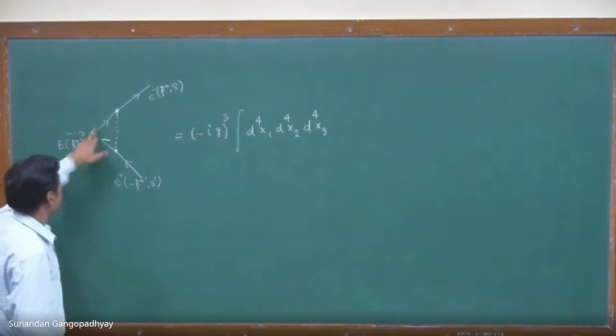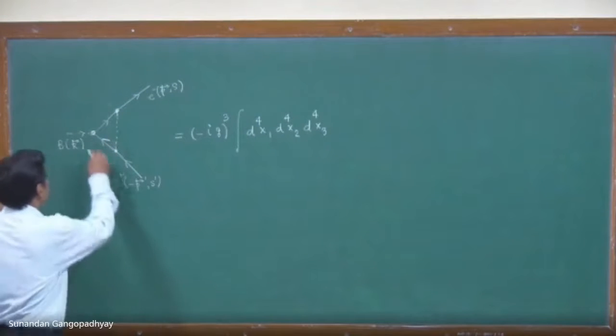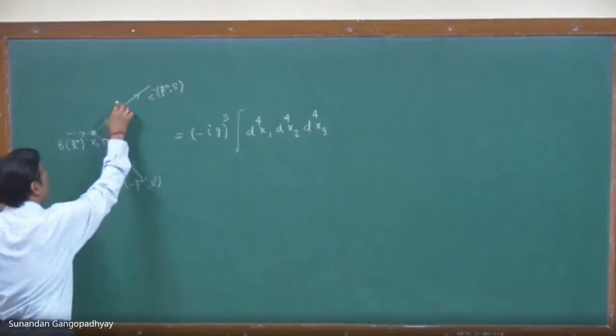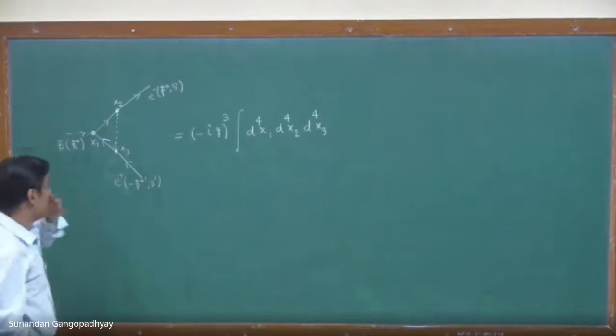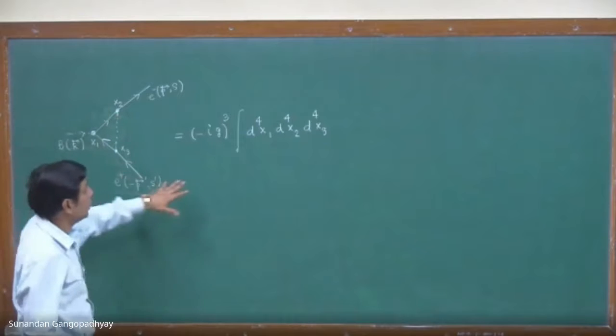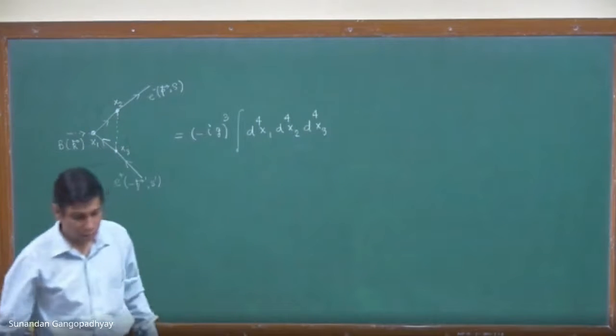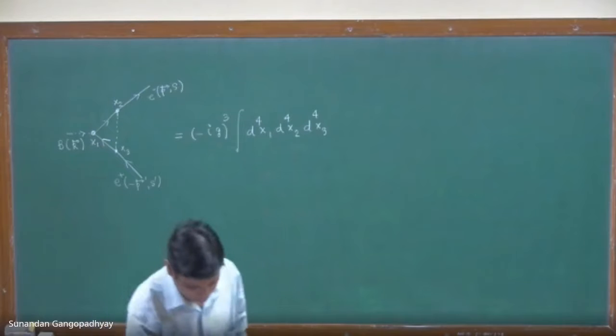If I call these x1, x2, and x3, these are the three vertices, and there will be integrations over those vertices. So this is one of the Feynman rules.